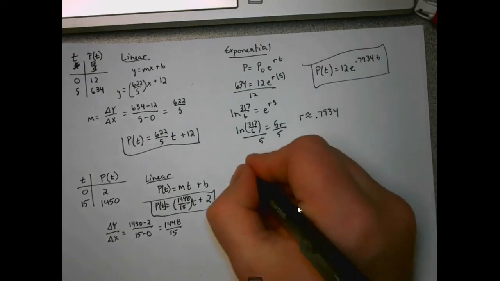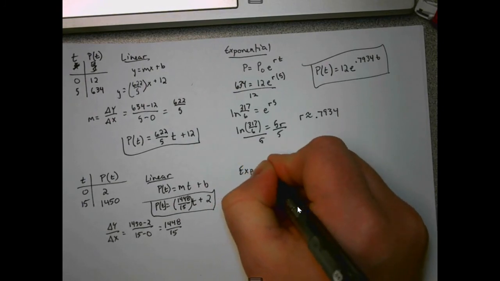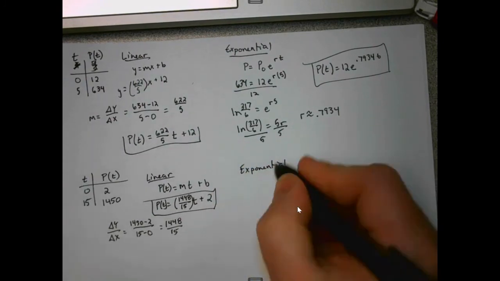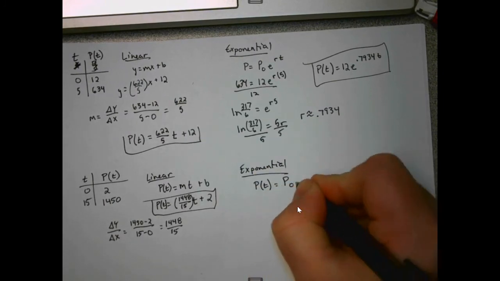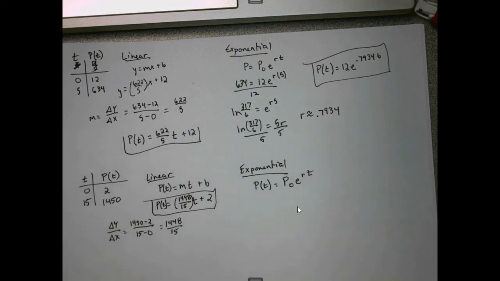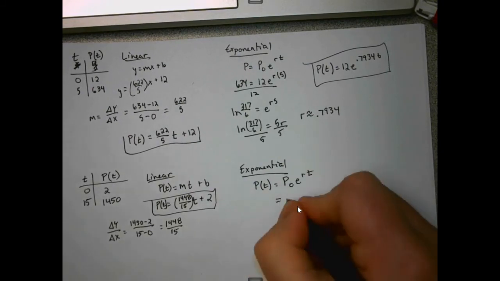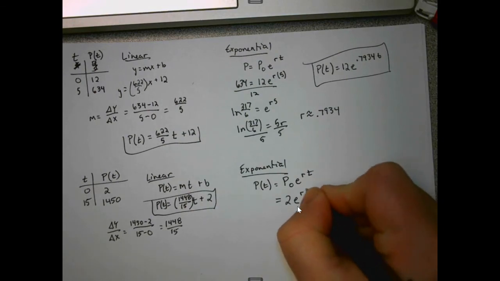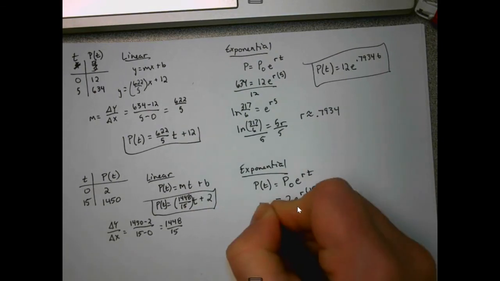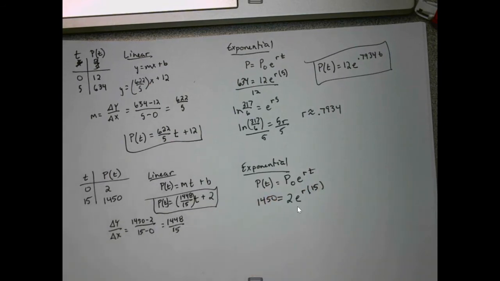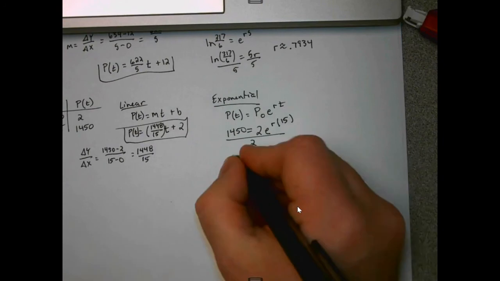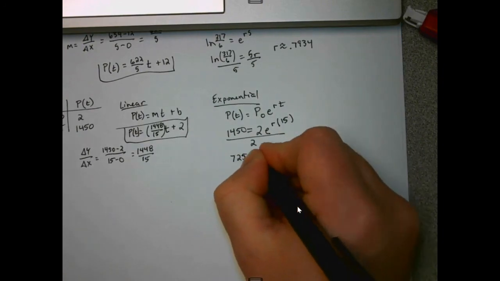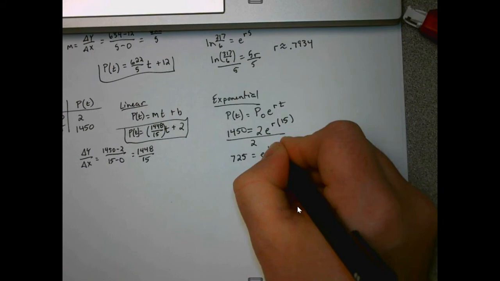Okay, so our exponential is going to be P of t equals P naught e to the rt. Our initial population was 2, we don't know r, and after 15 years, we have 1450. The first thing we're going to do is divide both sides by 2. When you do that, you get 725 equals e to the 15r.